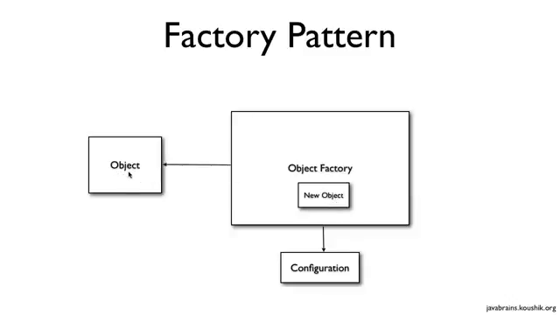So now this object has the object that it wants, but it's not actually doing a new by itself. It's referring to the object factory, and then the object factory creates this new object by reading from a configuration and then hands it back. So this is something that Spring does. We can use the Spring library in order to do this functionality.